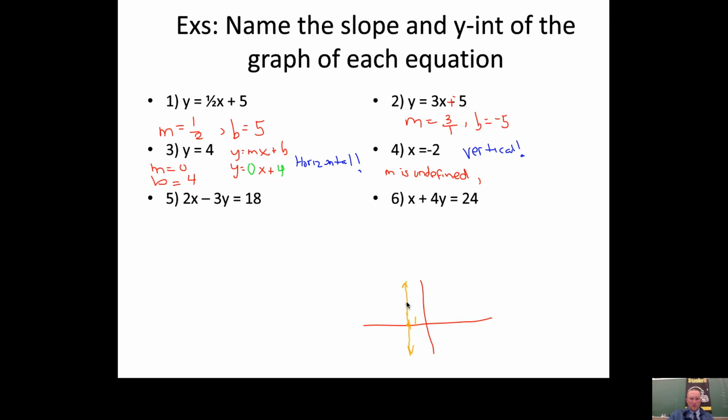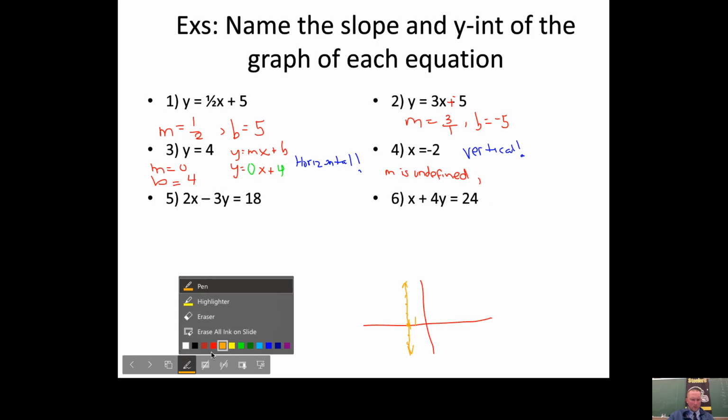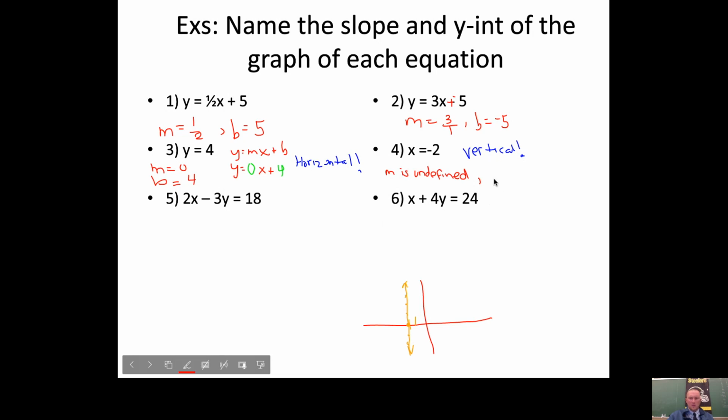The y values here are different, but the x values are all -2. So obviously this is a vertical line. The slope is undefined. Is it going to cross the y-axis? No, it's parallel to it. So it's never going to cross it. So I need to write that there is no y-intercept. Make sure you're not putting 0 there because 0 is a place. We're saying there's no y-intercept.